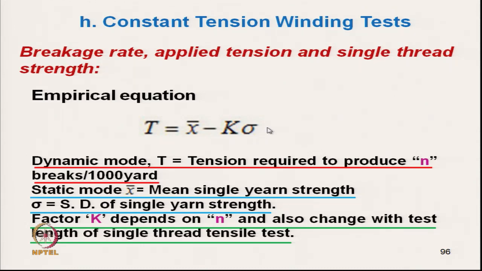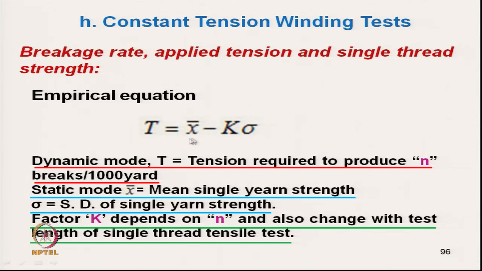If we see this standard deviation, keeping other factors fixed for a particular yarn with a certain mean breaking strength, and we increase the standard deviation, suppose the variability of strength is increased, then what will happen?